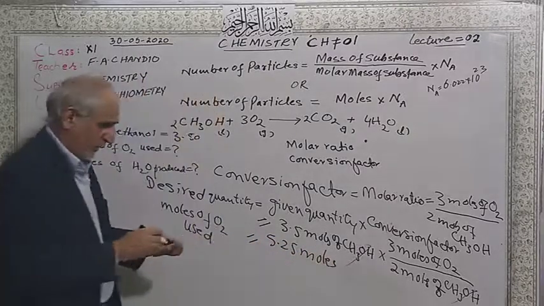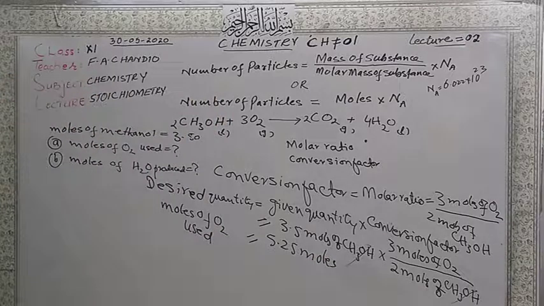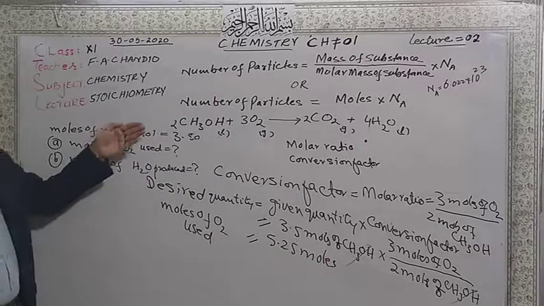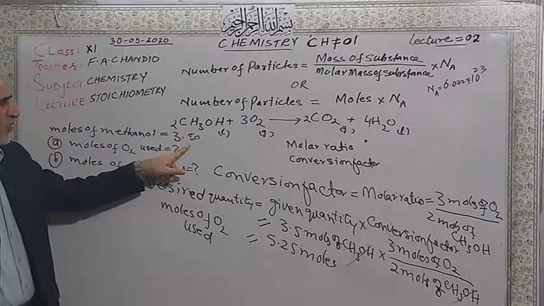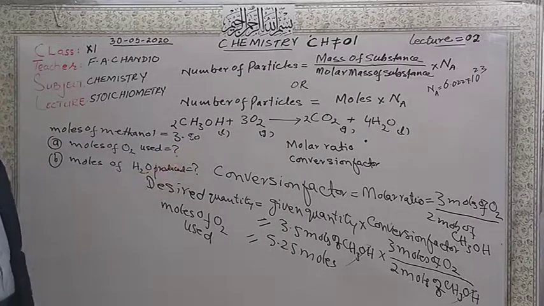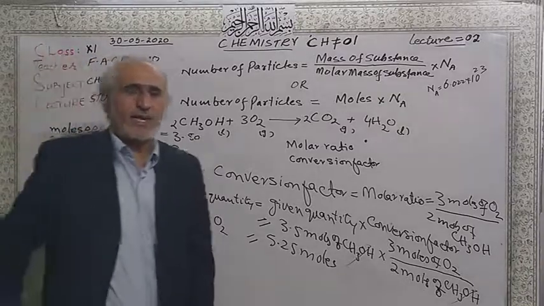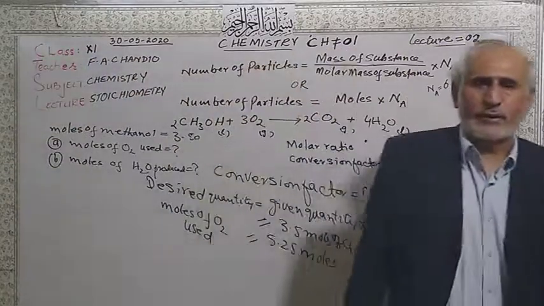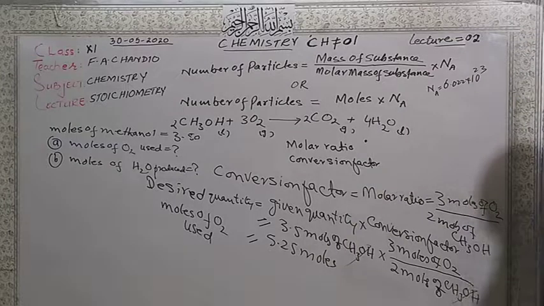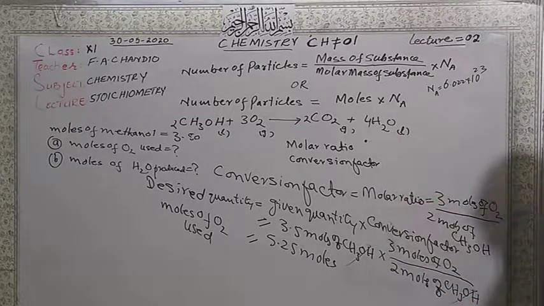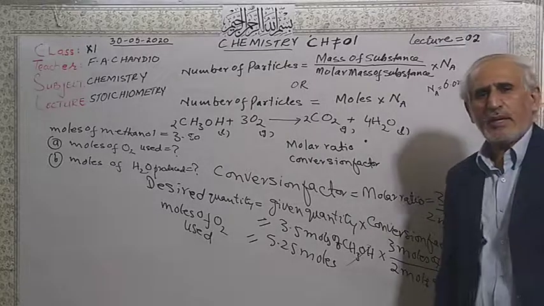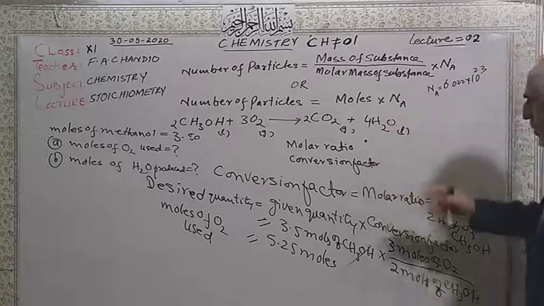This is your answer. 5.25 moles are used up when you have 3.5 moles of methanol to form carbon dioxide gas and water. This is the way how to solve in your examination. Must adopt this procedure.